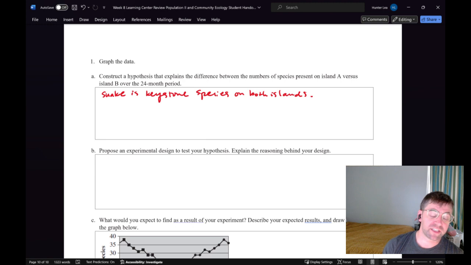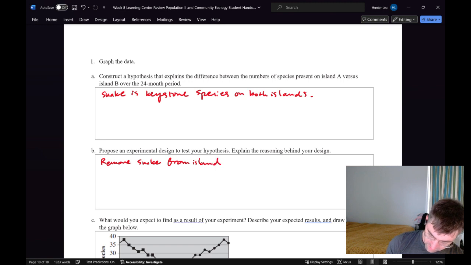Propose an experimental design to test your hypothesis and explain the reasoning behind your design. So one possible design would be to remove the snake from Island B and then reintroduce the snake species to Island A, and again collect data on species diversity over time. We would expect Island B to have a similar collapse if the snake is a keystone species on both islands.